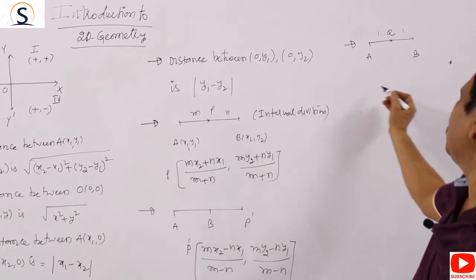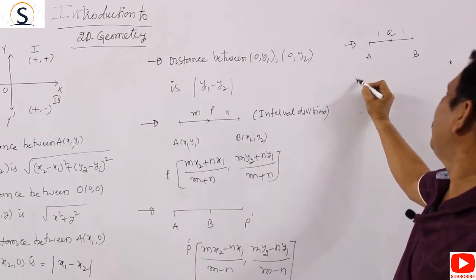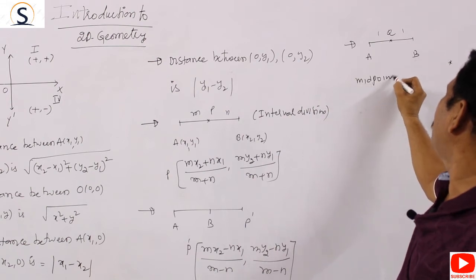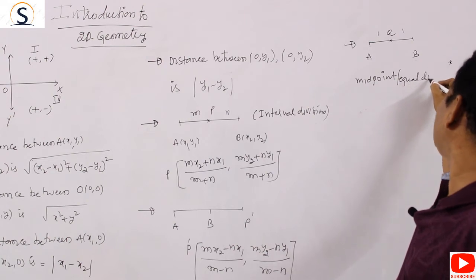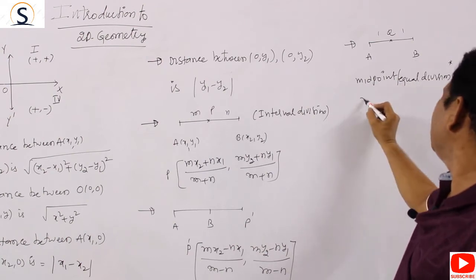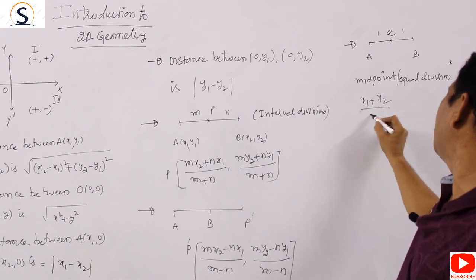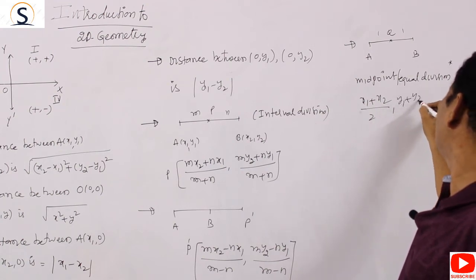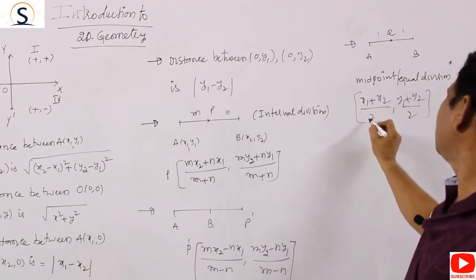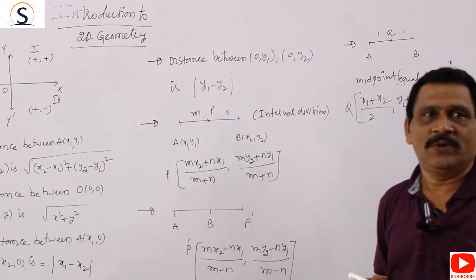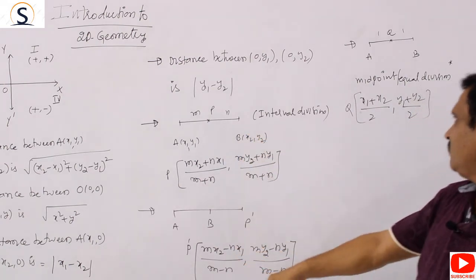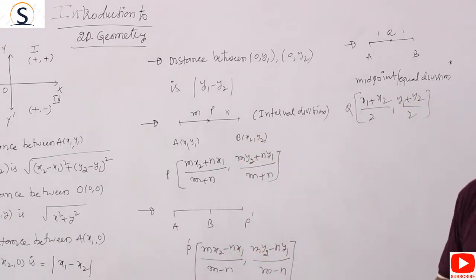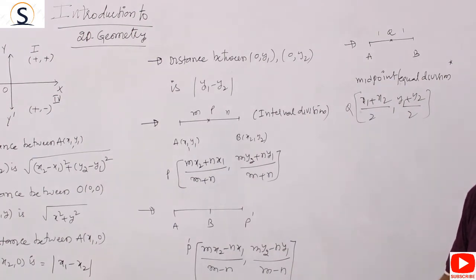This is the midpoint, or equal division. These are the coordinates of the point Q. This is internal division, external division and midpoint.